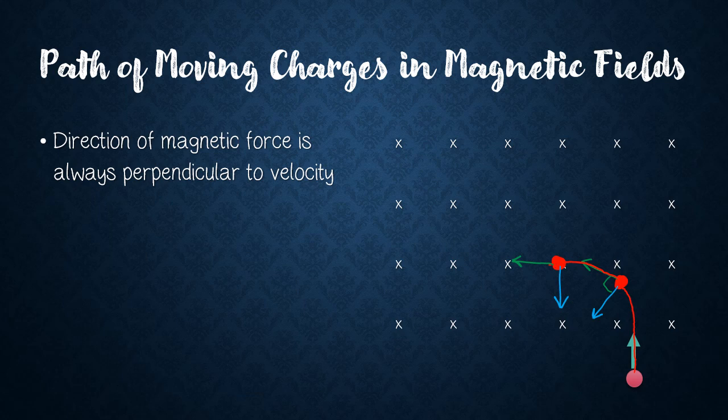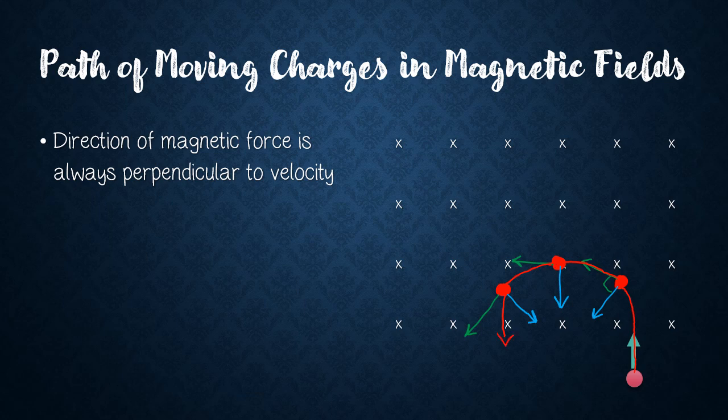So my object is going to continue to curve in its path, getting to a point right here where its velocity vector looks something like this. With a velocity vector that looks like that, I would have a force vector that looks something like this, which then once again curves its path even more.